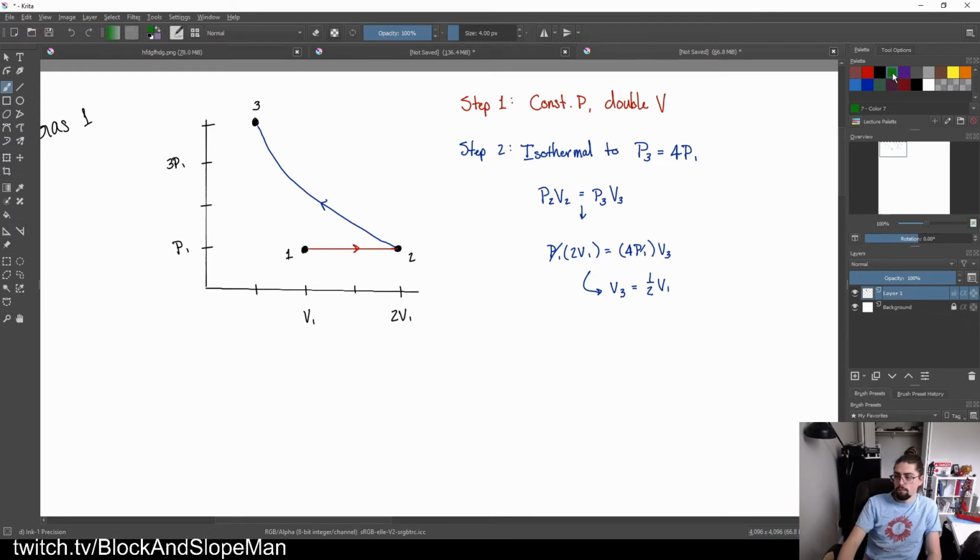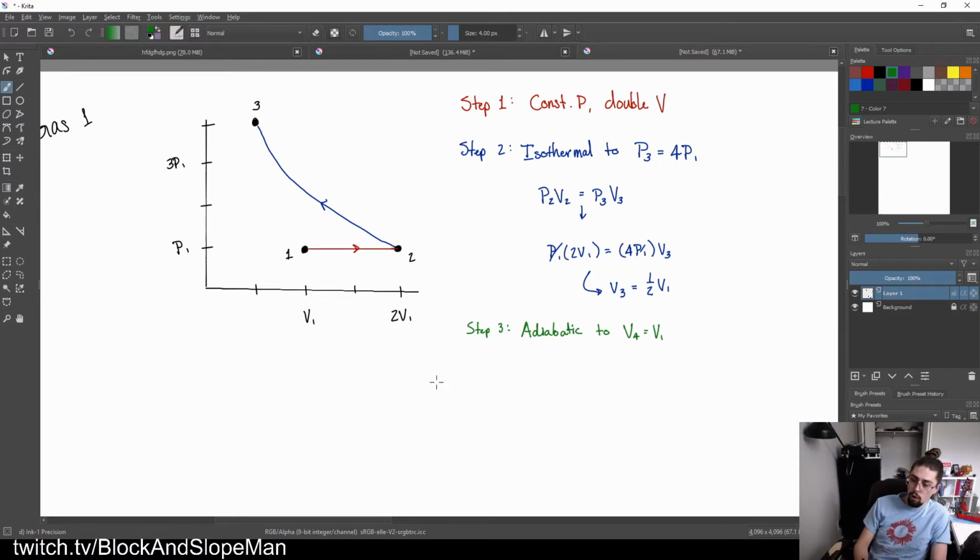Now, the last one, the weirdest one, is going to be an adiabatic expansion to V4 equal to V1.